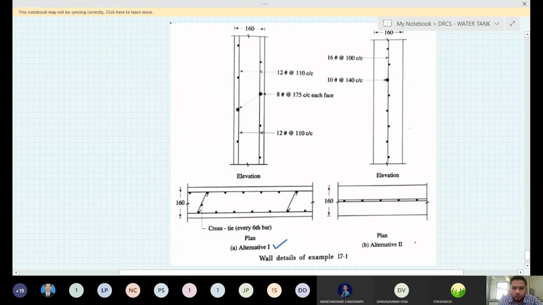And this is alternate 2. In alternate 1, reinforcements are provided on both faces.